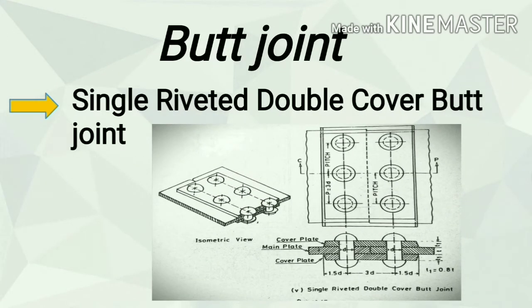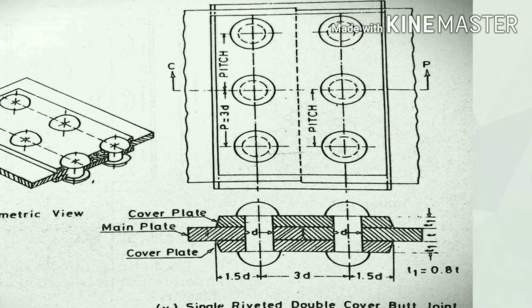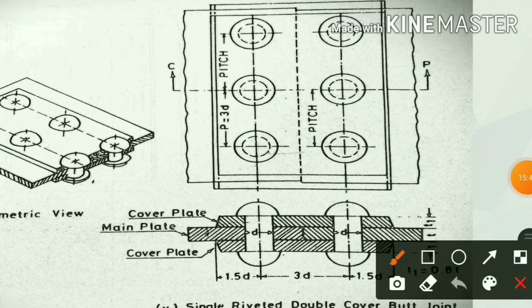Butt joint, single riveted double cover butt joint. As per the name, double cover butt joint means double cover plates are in this joint. One cover plate, another cover plate. This is the main plate.